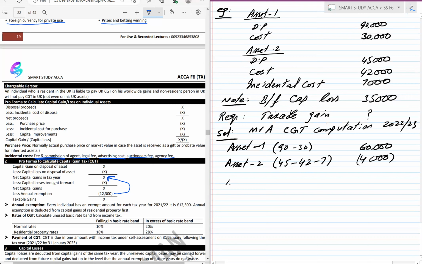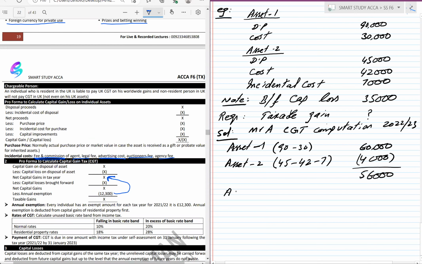Then we will deduct annual exempt amount over here. Wait, what is the gain over here? 56,000.